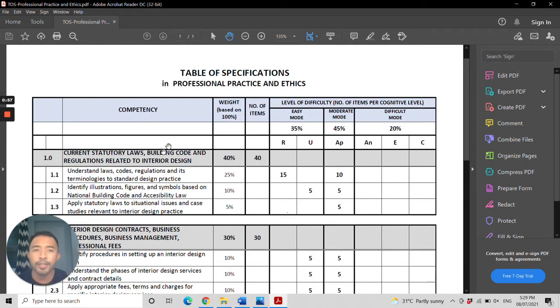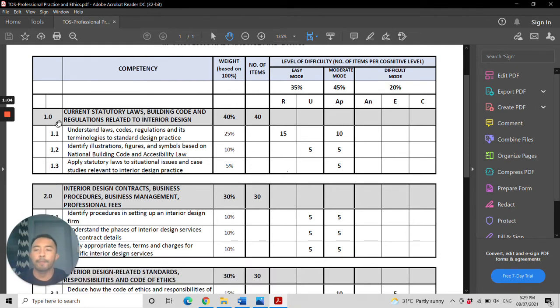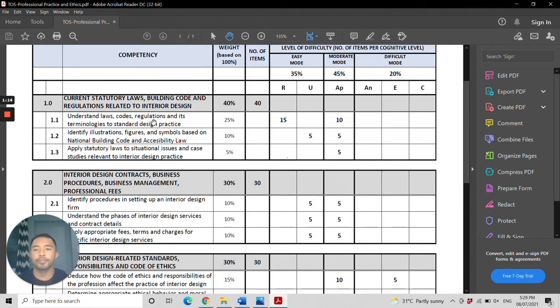The TOS for professional practice and ethics will have three coverage areas. The current statutory laws, building code, and regulations related to interior design will comprise 40% of the exam.